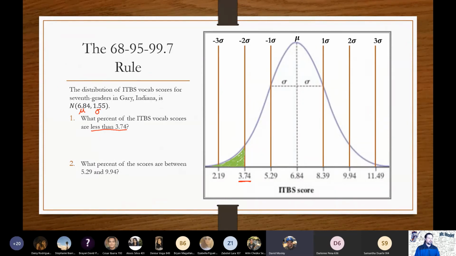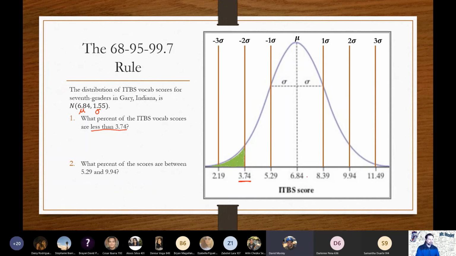Now, our 68, 95, 99.7 rule doesn't tell us what that percentage is. So we have to use some deductive reasoning here to get to what the percentage is. So here's what we can do.